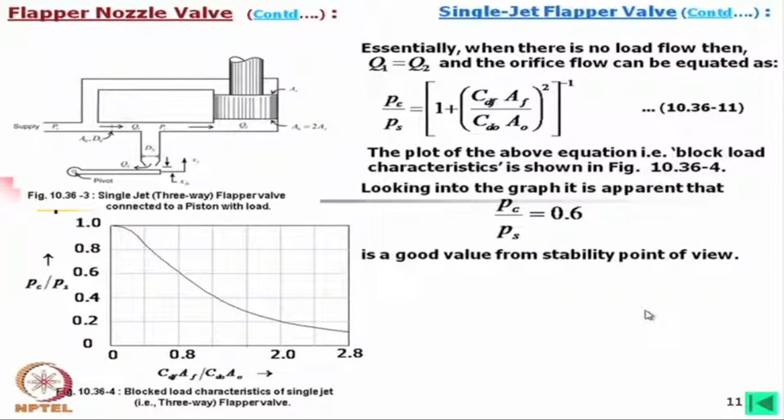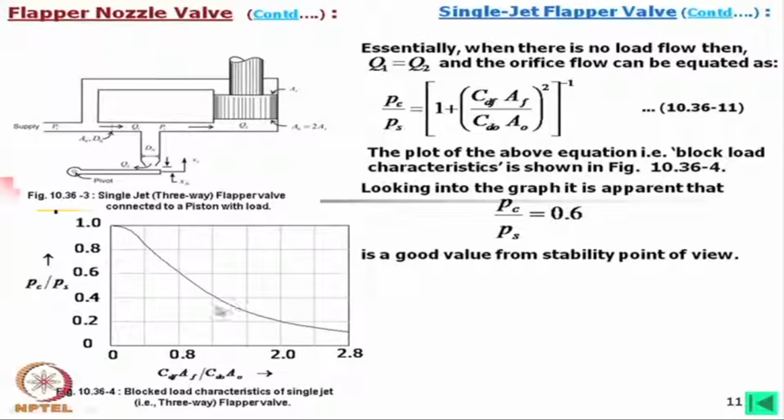So, this diagram is useful to find out the operating conditions. Now, looking at the graph, it is apparent that Pc by Ps equal to 0.6 is a good value from the stability point of view. Why do we say this value is from the stability point of view?